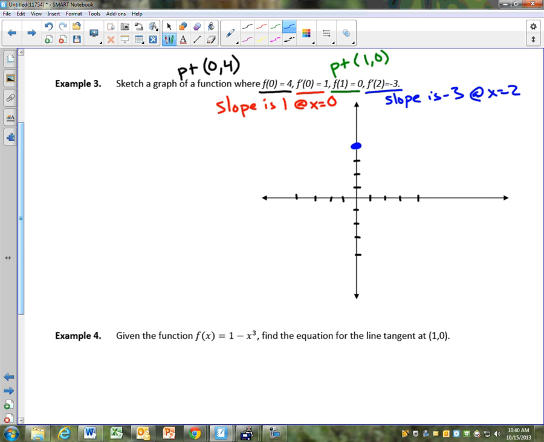I also have to travel through what point? 1, 0. Now, so I've taken care of two of the issues. The graph has a slope of what at 0, 4? Has a slope of 1. Okay? Watch what I'm going to do.